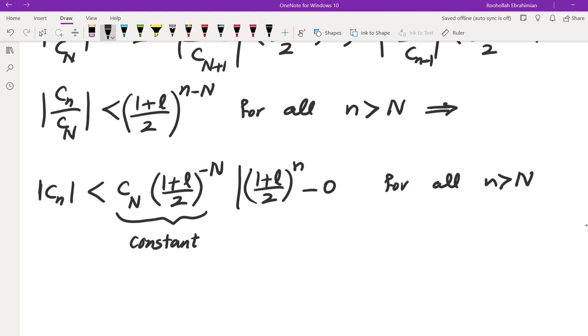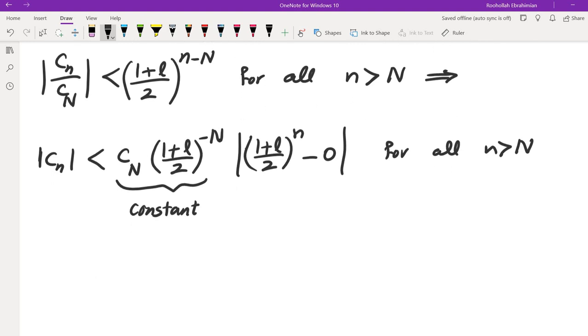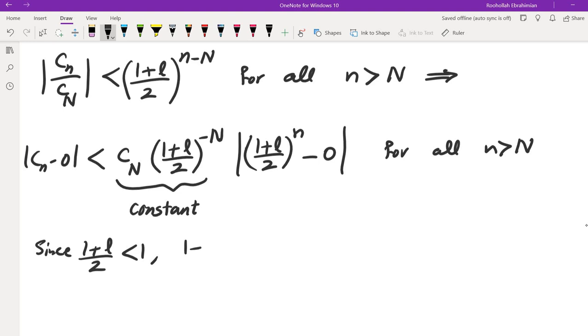Now this portion, if we write it down like this, we get exactly the comparison lemma. Since (1 plus L) over 2 is less than 1, (1 plus L) over 2 to the power of n approaches 0.